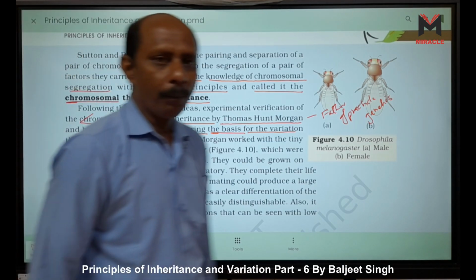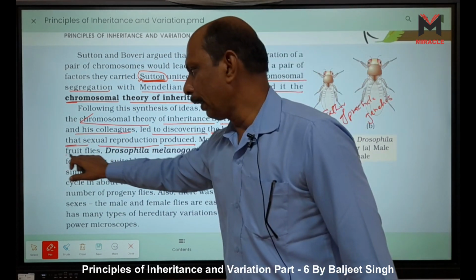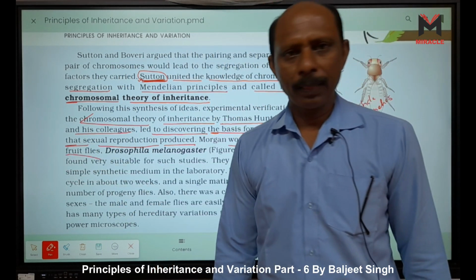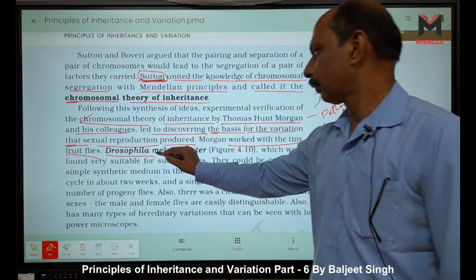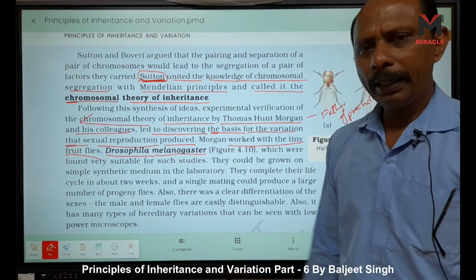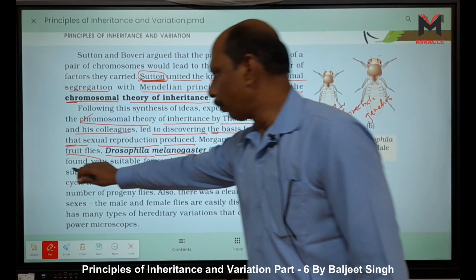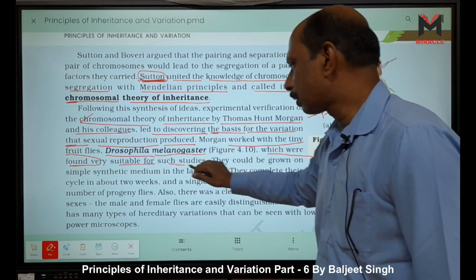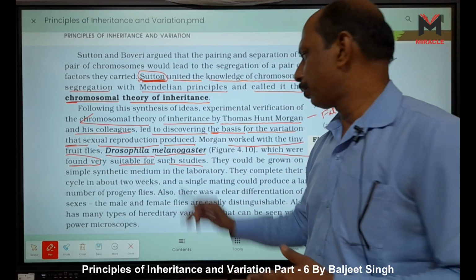Morgan worked with a tiny fruit fly, Drosophila melanogaster, which was found very suitable for such studies. Why did he use this one?